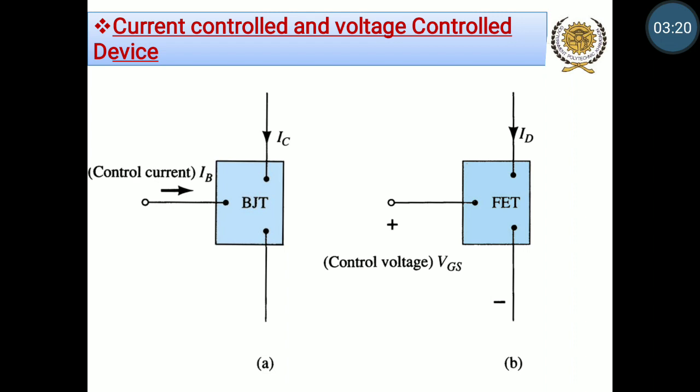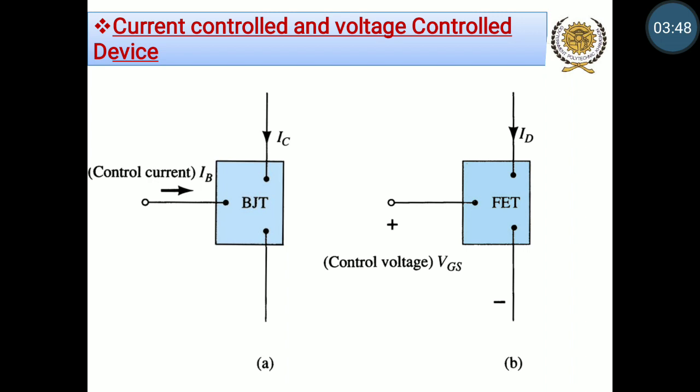In BJT, base current, that is input current, acts as the controlling terminal. So here IB acts as a controlling or control current. In BJT, the value of output current IC depends on the value of input current IB.